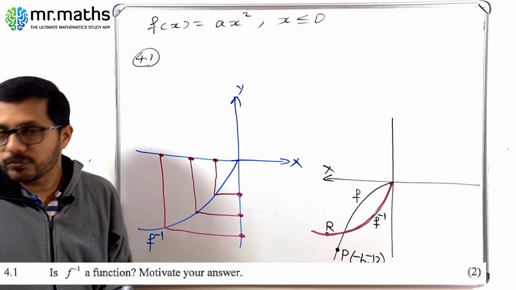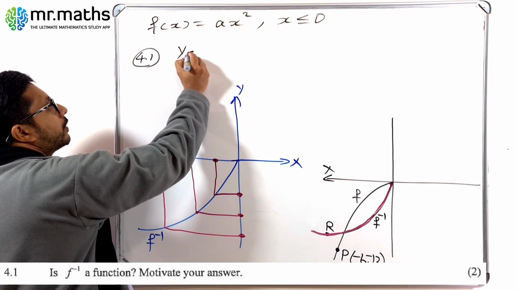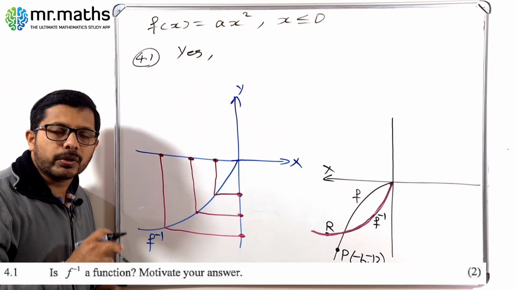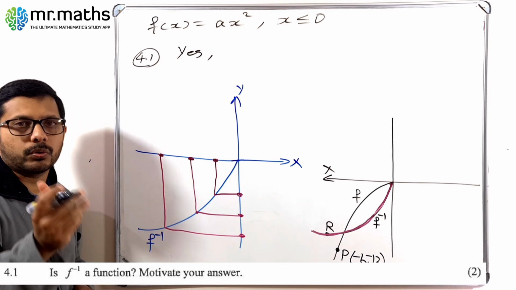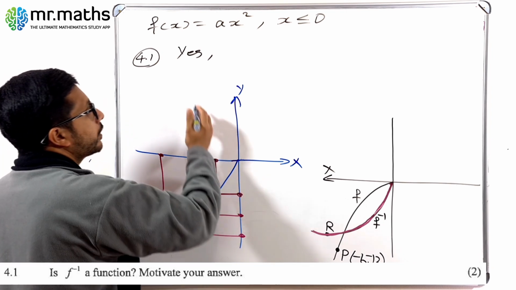Yes. First you have to write yes. That is very important. You have to write yes or no. One mark is for that, yes or no. So yes, and what is the reason?